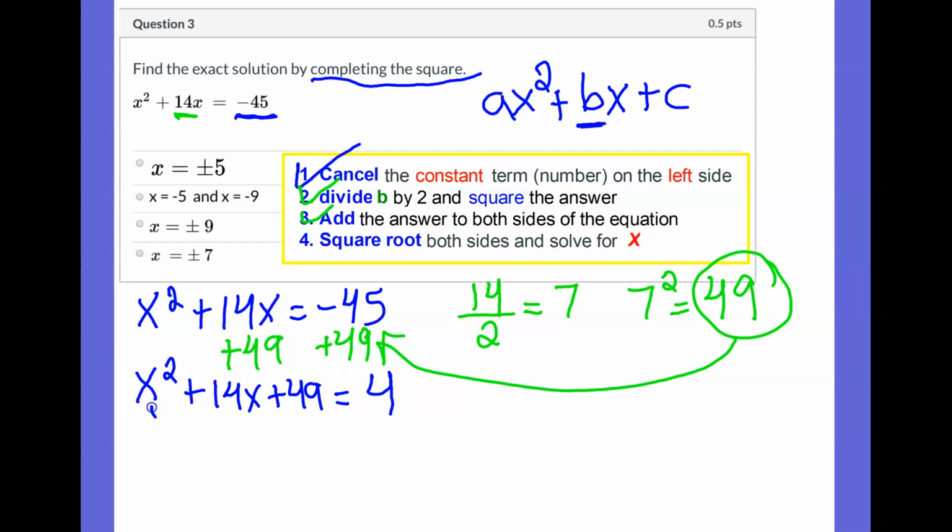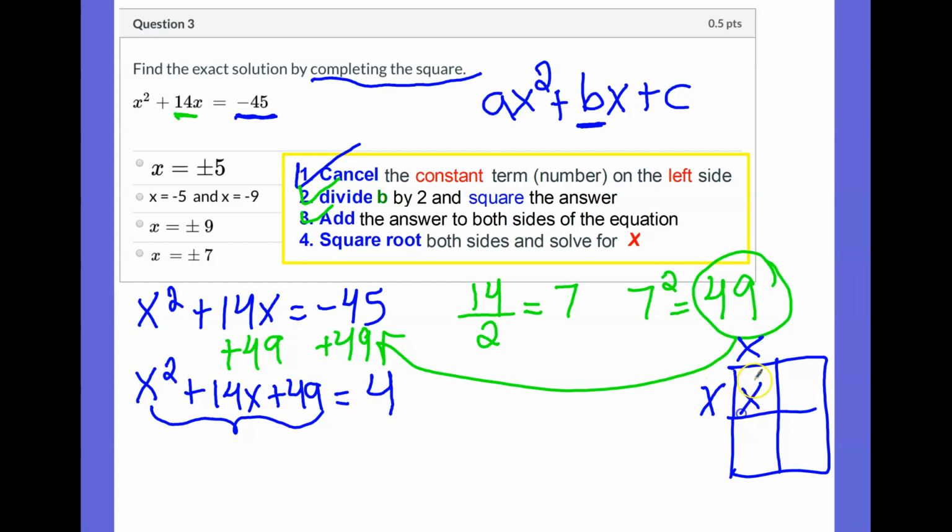Now I need to figure out if this is a perfect square. When you check, you know that you multiply x by x to get x squared. And you need to divide 14 into 2 equal parts.